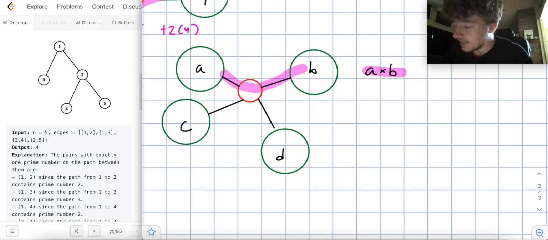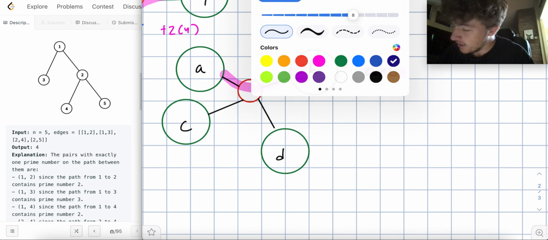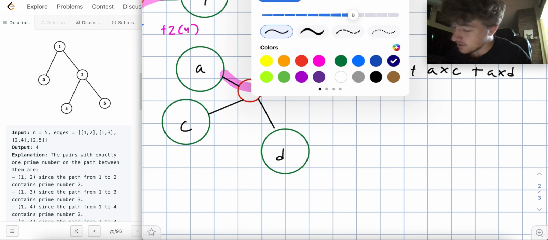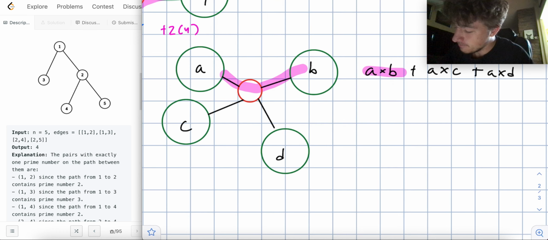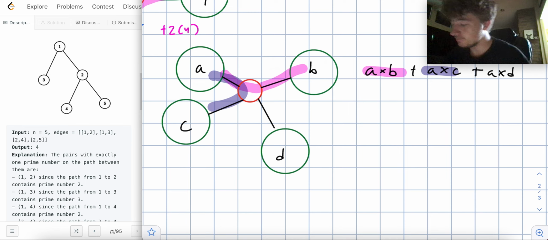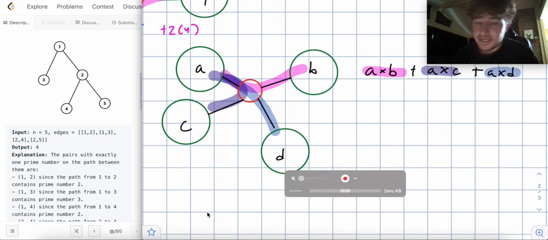So that's 1. I could also get the result of a times c and a times d. So those are these paths. So this is a times c, and this is a times d. But then I could also do bc, bd.